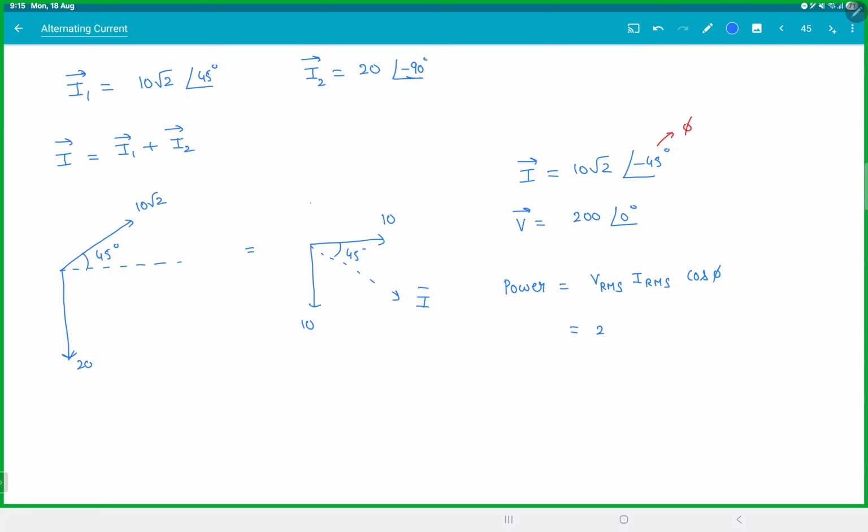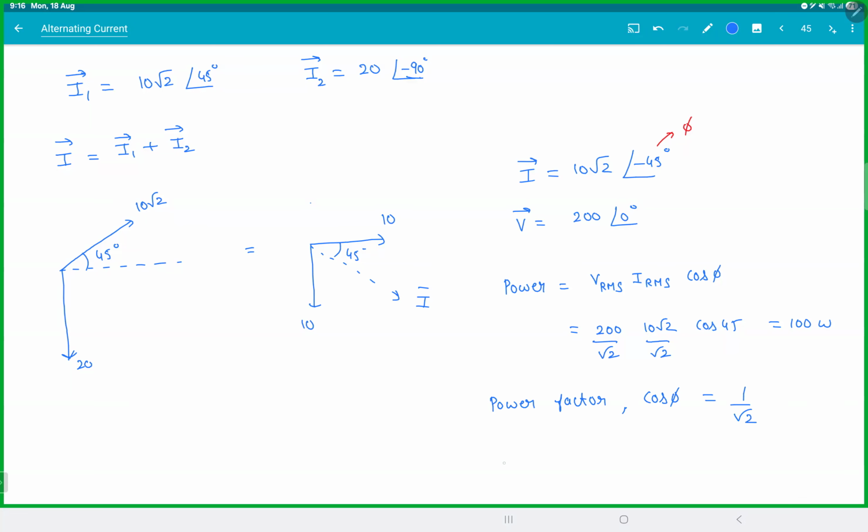So VRMS will be 200 by root 2, IRMS 10 root 2 by root 2, and that's cos 45. Root 2 goes off, 1 by root 2, this will be 100 watts. What is the power factor? Cos phi, one by root 2.